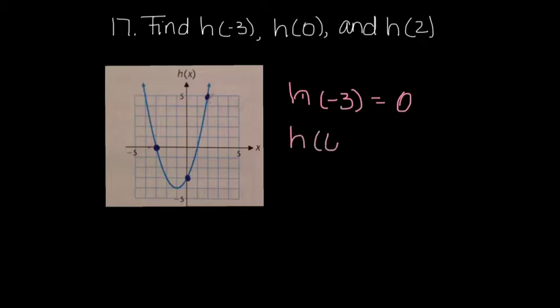To find h of 0, well, when x is 0, y is negative 3, so h of 0 is going to be negative 3. And finally, to find h of 2, when x is 2, y is 5. So h of 2 is equal to 5.